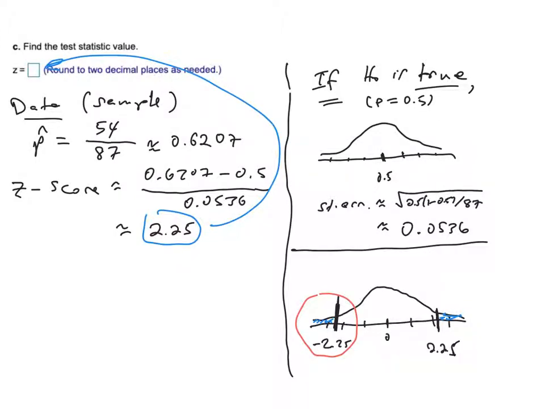If I look up negative 2.25 in the table, and I'm looking up the negative value, because when I use the negative value, it looks just like the picture that the table gives us.